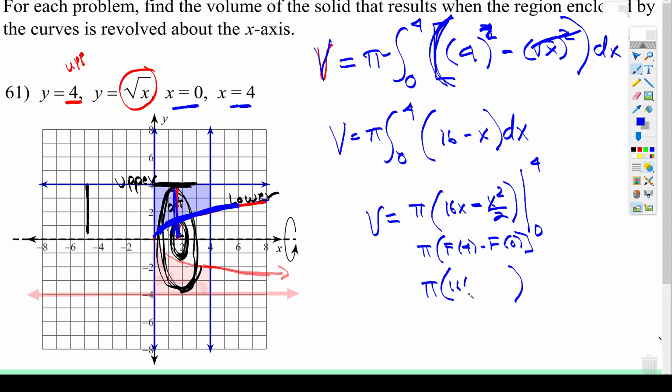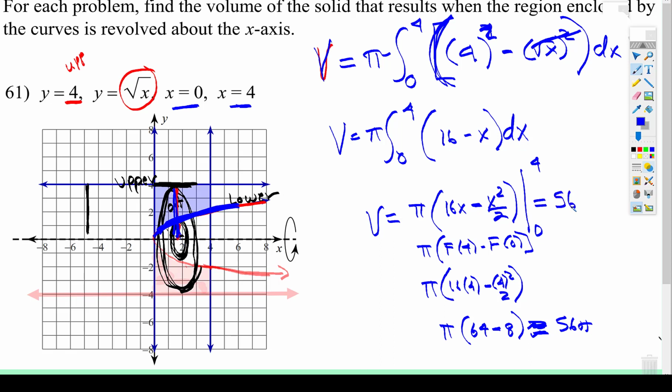So it's 16 times 4, subtract 4 squared over 2. Well, 16 times 4 is 64. 4 squared is 16. 16 divided by 2 is 8. So that will be 56 pi.